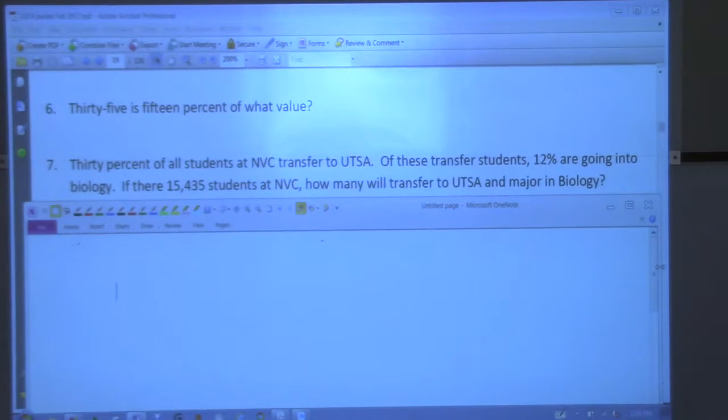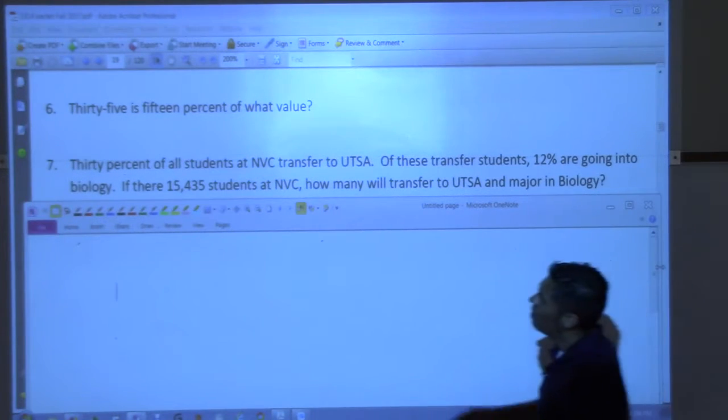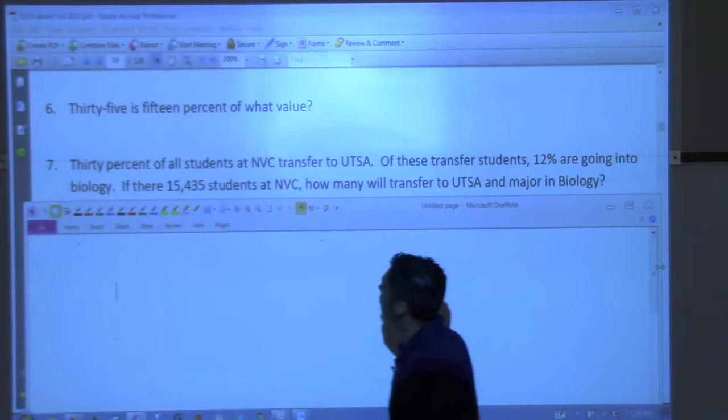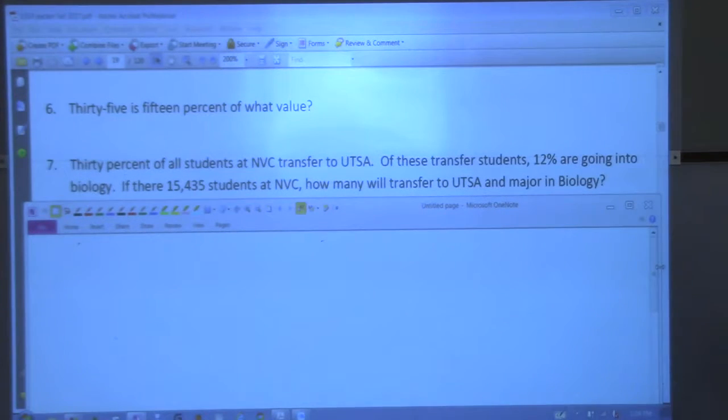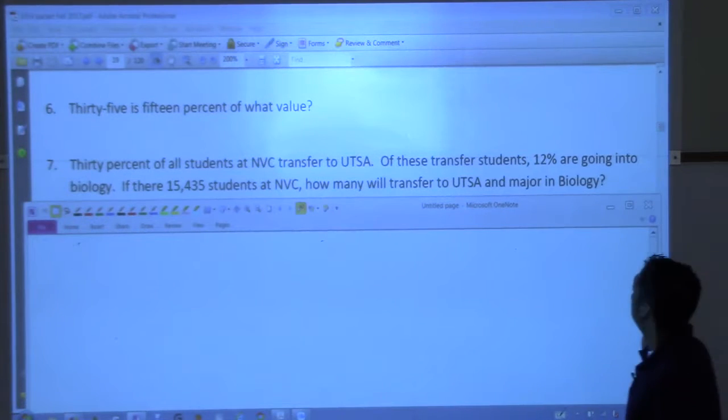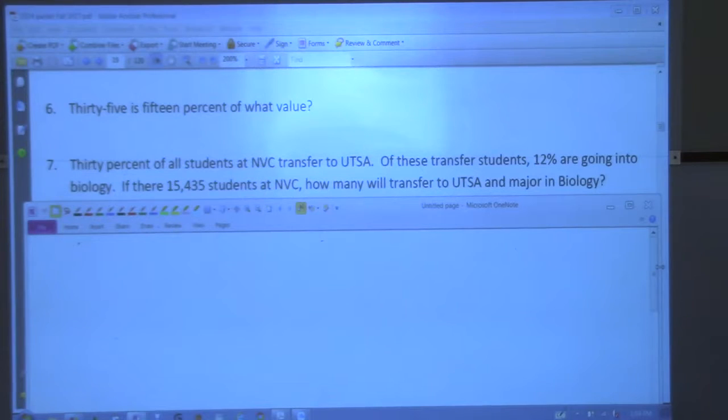All right, can everyone see the problem? 30% of all students at Northwest Vista College transfer to UTSA. Of these transfer students, 12% are going into biology. If there are 15,435 students at Northwest Vista, how many will transfer to UTSA and major in biology?